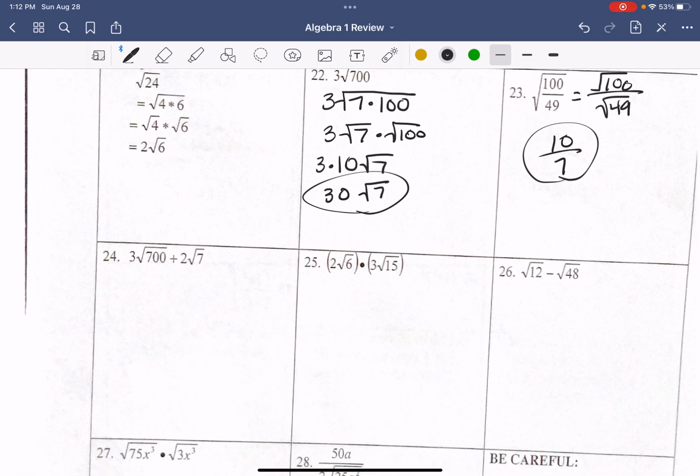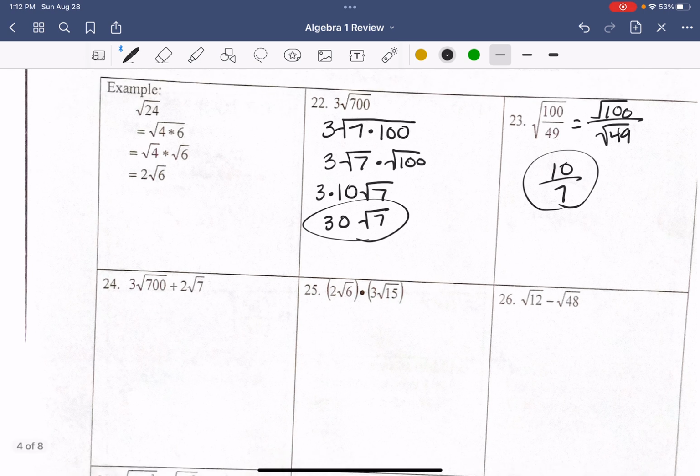For number 24, if you're paying attention, you might notice that we just simplified 3 square root of 700 in question 22. So we know that that is 30 square root of 7, and then we know that we're adding 2 square root of 7 to it.